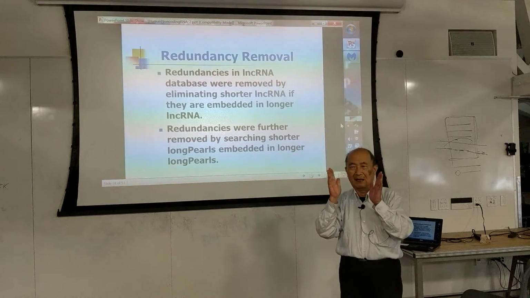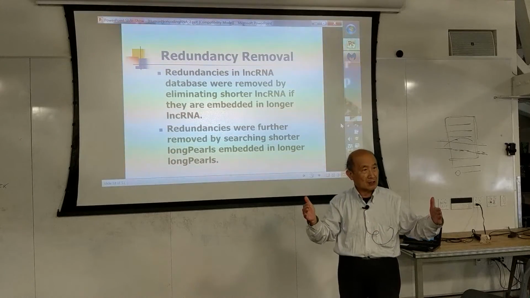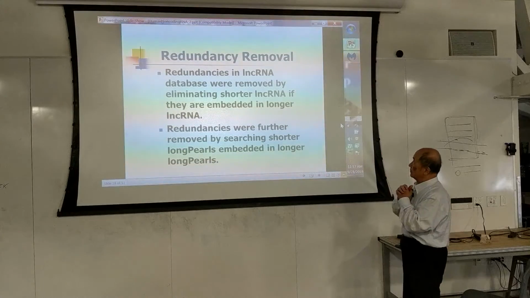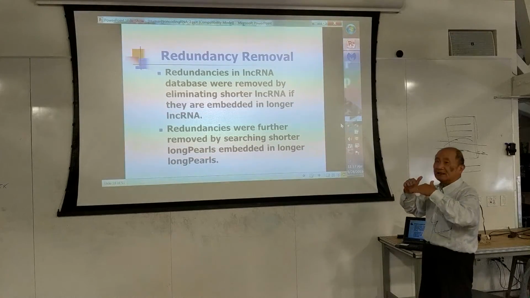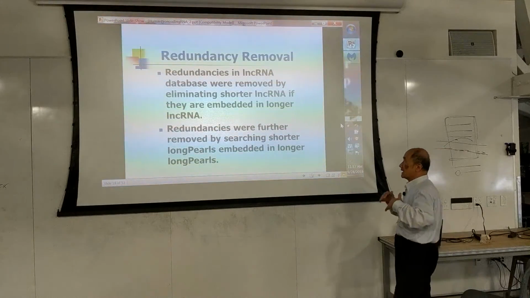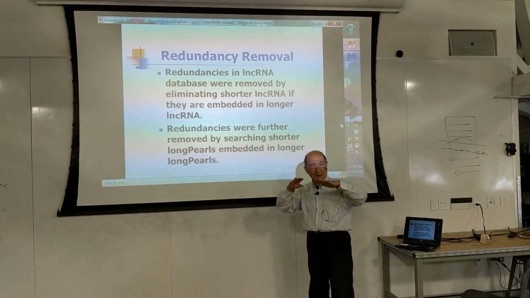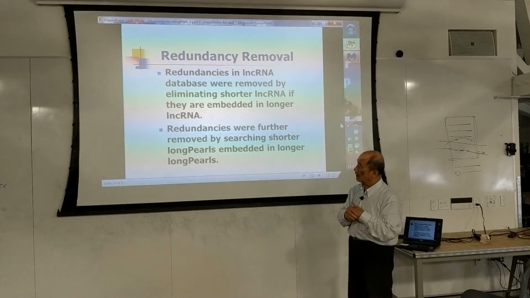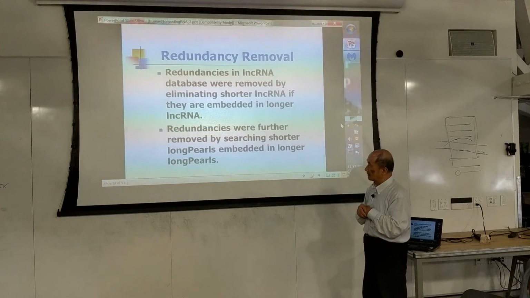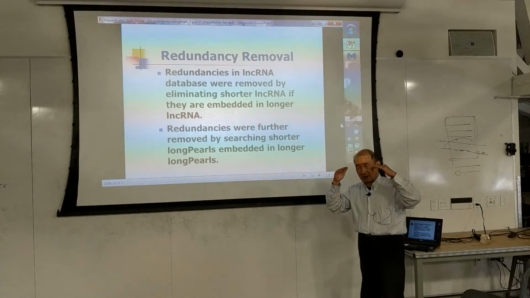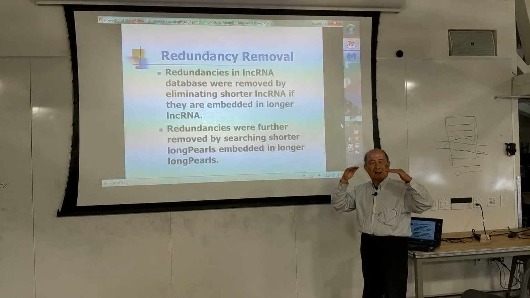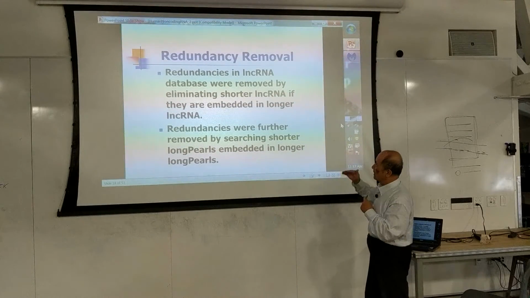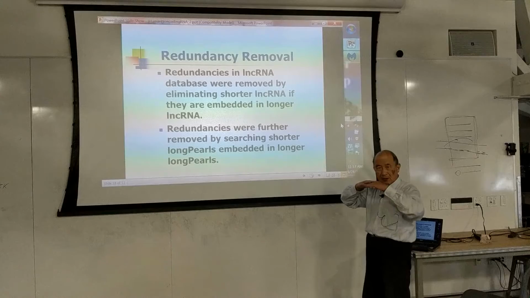So I had two steps to reduce redundancy at the database level. And once I do the pair analysis, I still see lots of very long pairs. And so the redundancy is not completely removed.